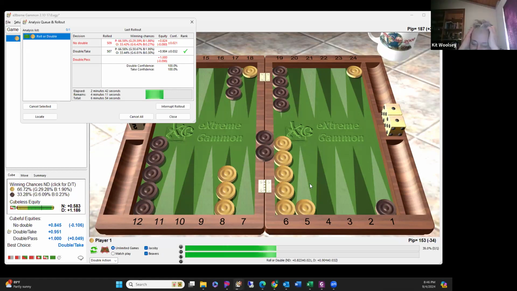Then there's like a 50% chance that black will at least dance with one of his checkers. And you'll have a chance to make another point and probably put another checker on the bar.